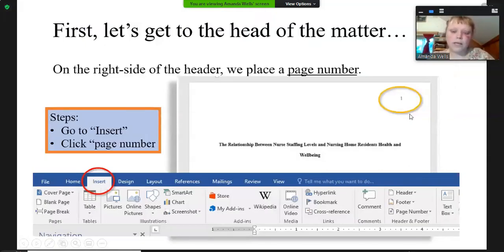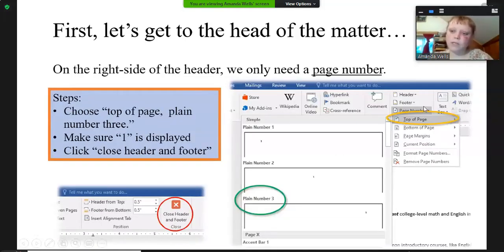In order to put a number in a header, you first want to go to Insert down here, and you click on that. And then you're going to come over here to page number. That's what you're going to click on next. And you only need a page number in APA formatting.